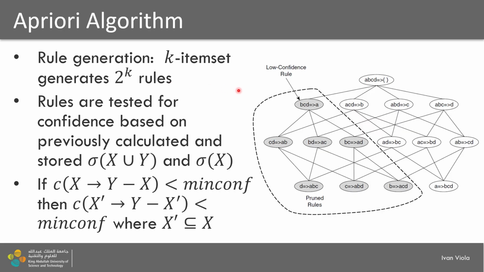So we can see how this looks for the 4-item set A, B, C, D.